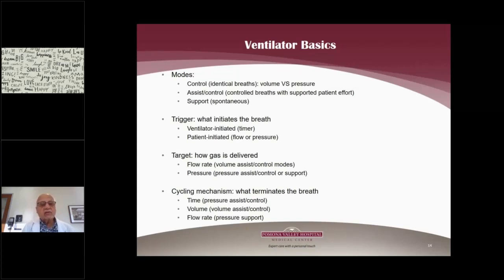The new ventilators are all computerized. The trigger, of course, will be by the ventilator sensing that the flow has dropped, so the breath starts, or by negative pressure. And usually the negative pressure is only 0.5 centimeters of water pressure, which will trigger the breath.